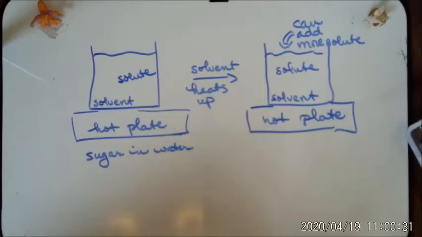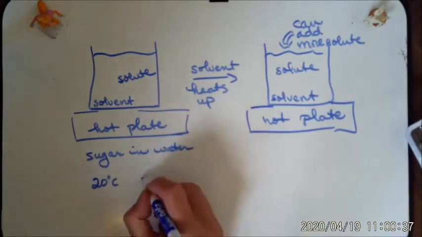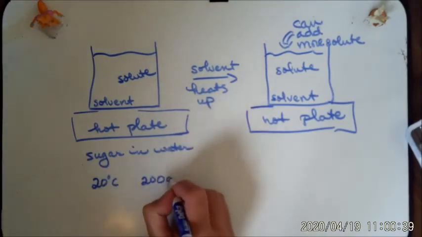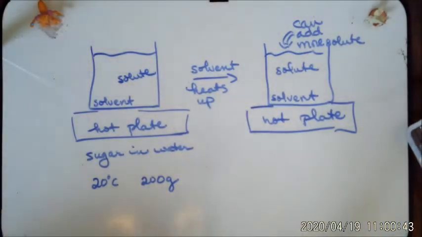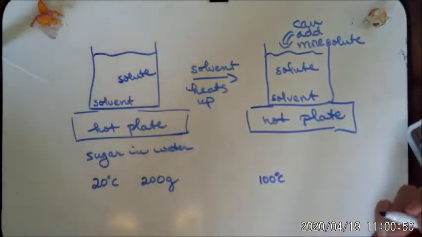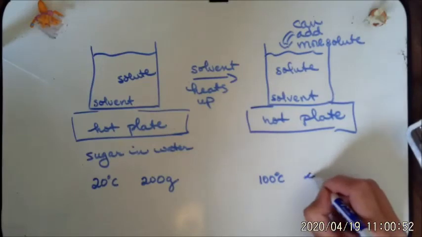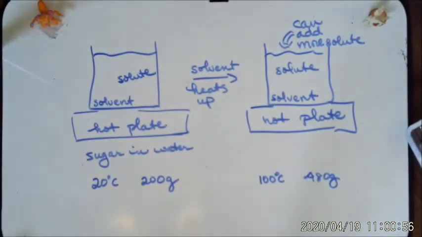Okay, so at 20 degrees Celsius, you can dissolve about 200 grams of sugar. Okay? If I heat my water to about 100 degrees Celsius, so just about boiling, you can dissolve about 480 grams of sugar in water.